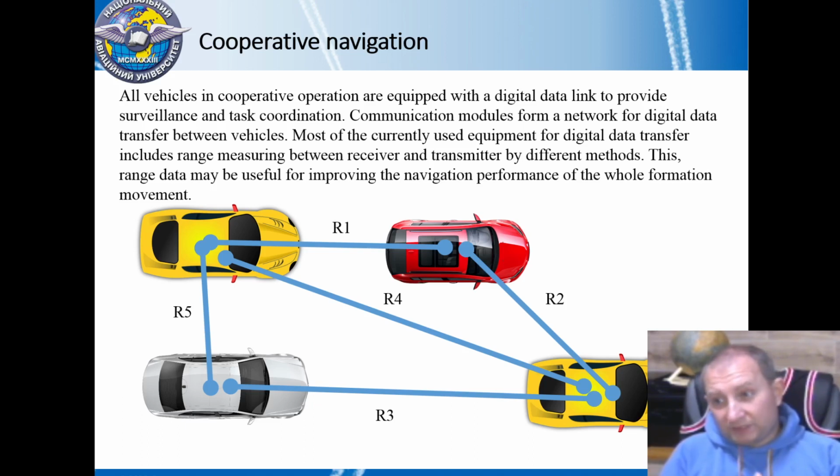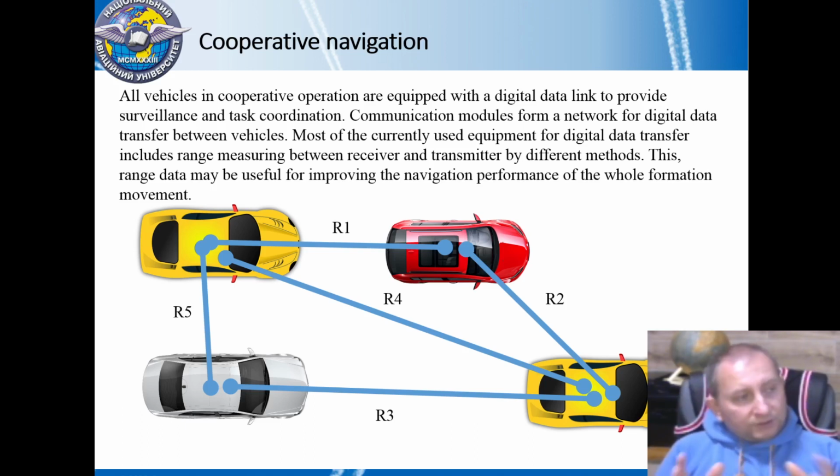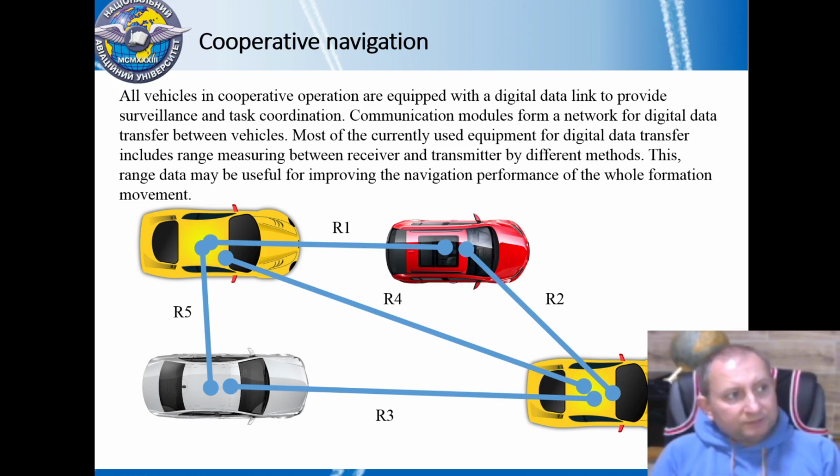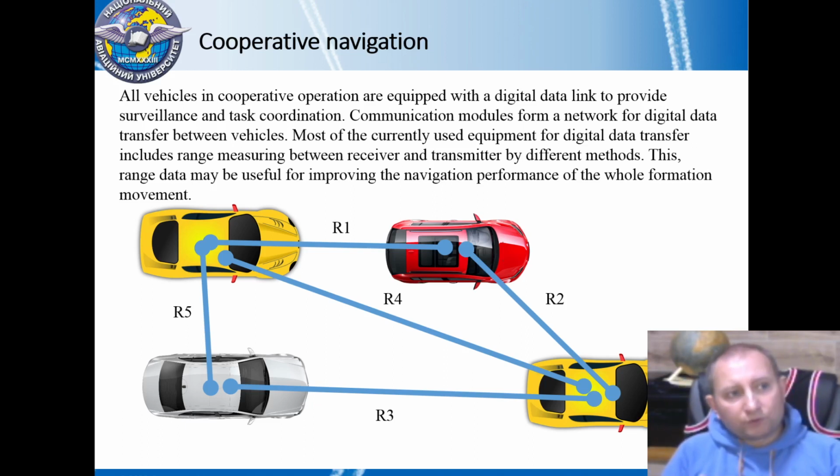That's why if we can measure the power level of the received signal, which we usually get in modern software defined radio, then we can calculate distance to the object or distance to the transmitter. And then this range data may be useful for improving the navigation performance of the whole formation movement.